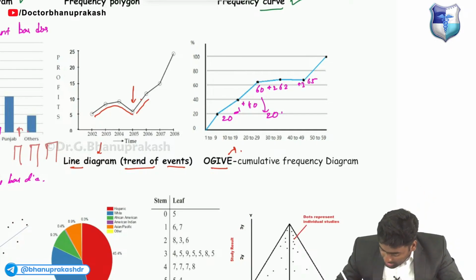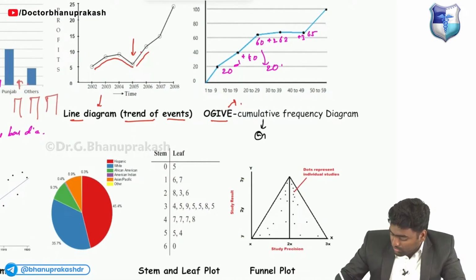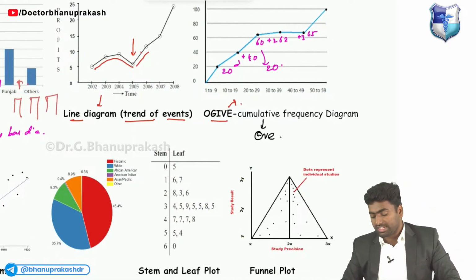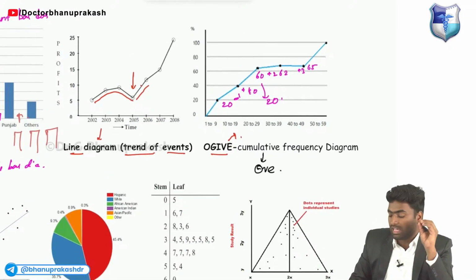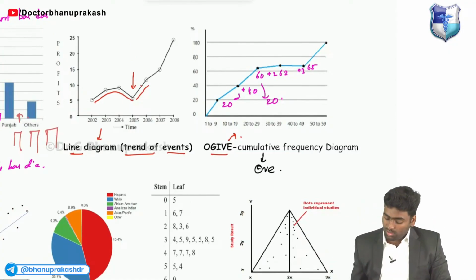So in the case of the ogive, there won't be any negative value, so it is the cumulative frequency diagram. If it is not coming down, it is the ogive. If it is having a dip, it is the line diagram showing the trends of events, fine.